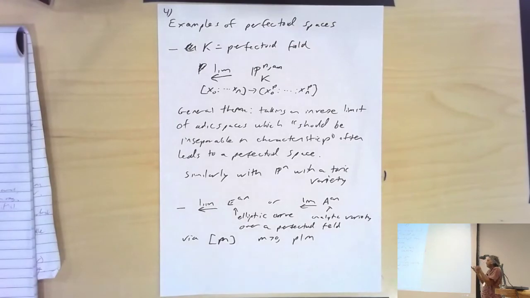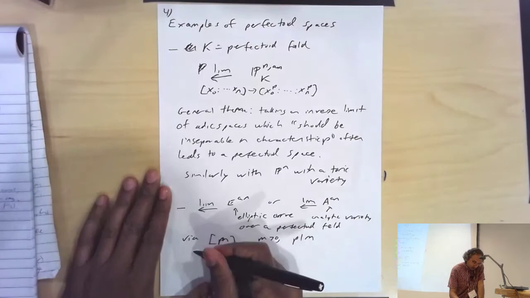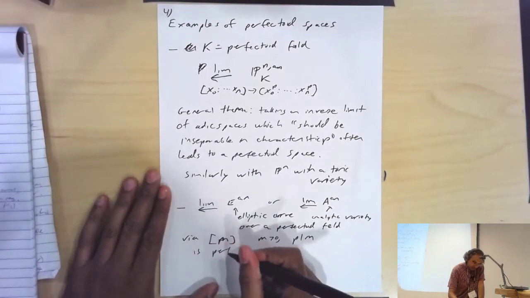It could be p, but you could also have some prime to p stuff in there, or a power of p, doesn't matter. This would again give you something perfectoid.